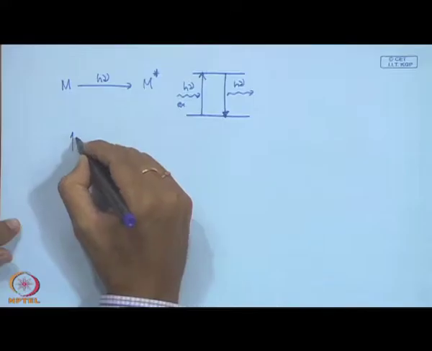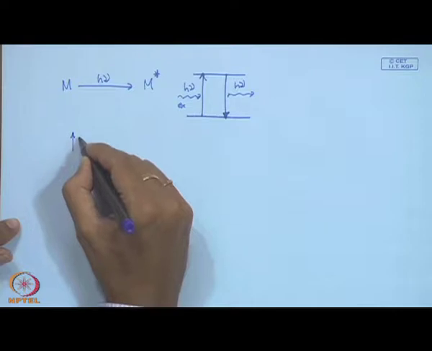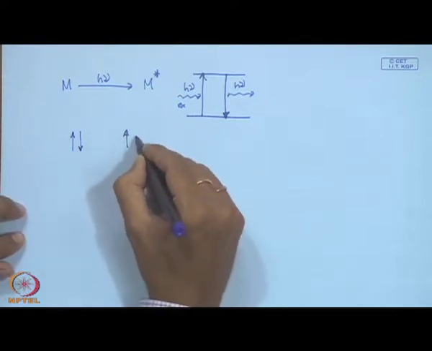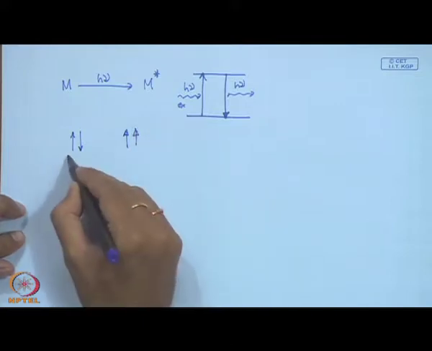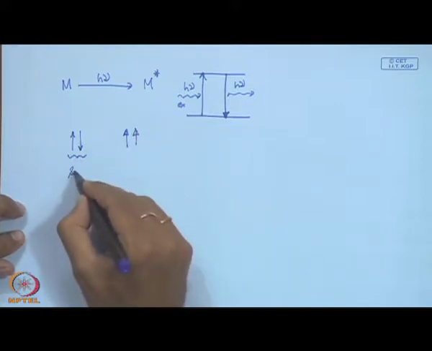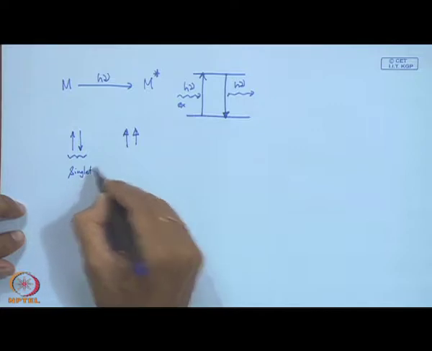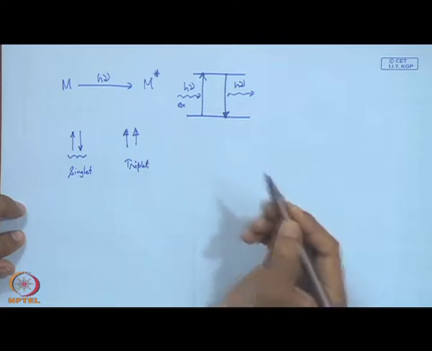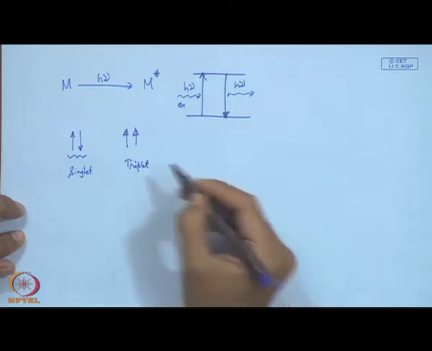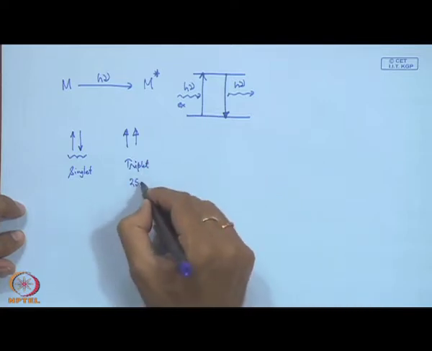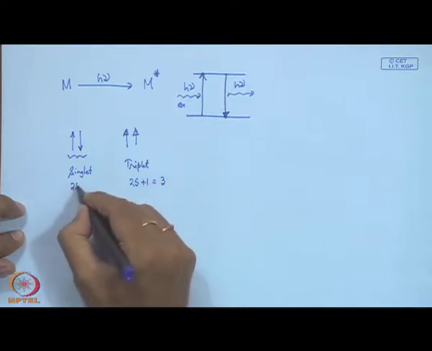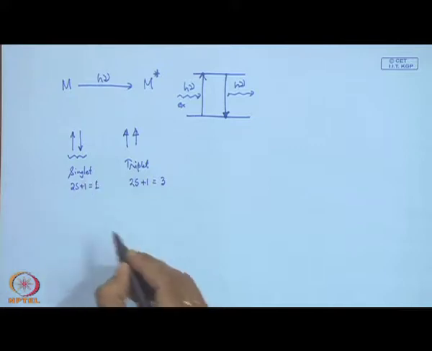Suppose there are two electrons like this, this is one case, and this is another case. Then this is called your singlet, and this is called triplet. The total spin multiplicity is 2S plus 1.